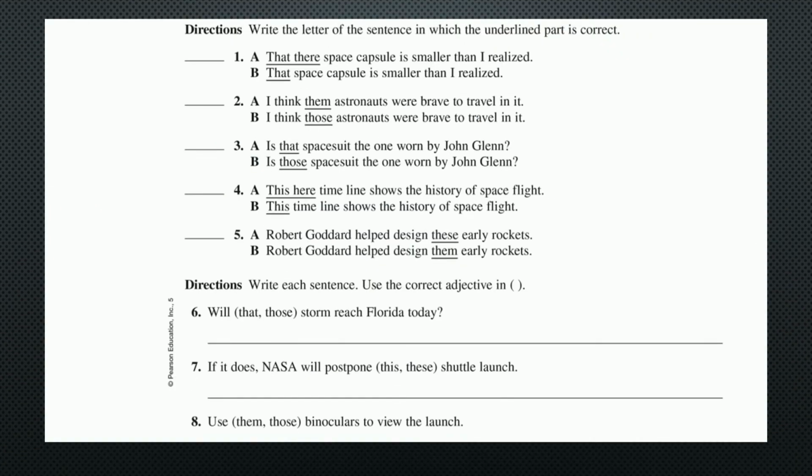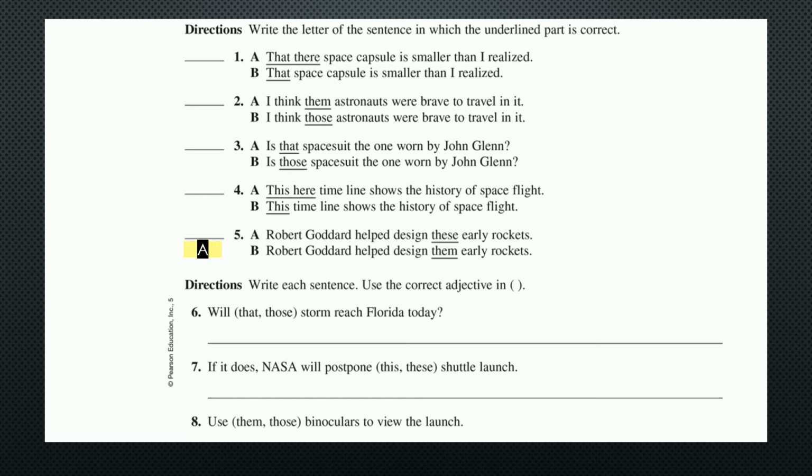All right, now let's do this exercise together. Number one, write the letter of the sentence in which the underlined part is correct. So we have two sentences. You have one minute to answer the question at the conversation icon, and let me check the answer. So number one, let's see who got it right.